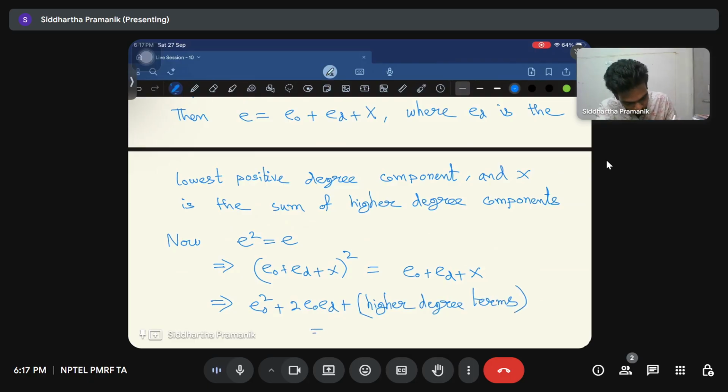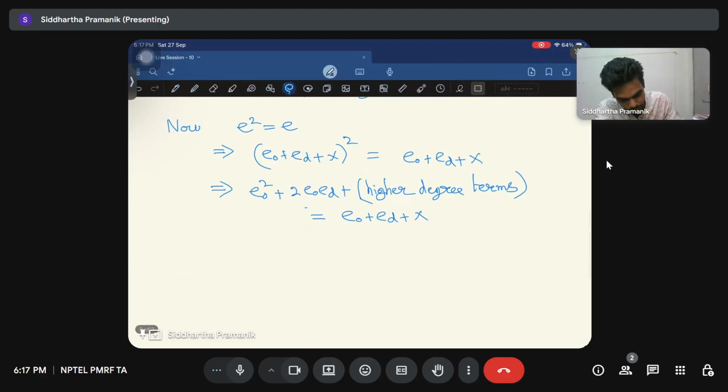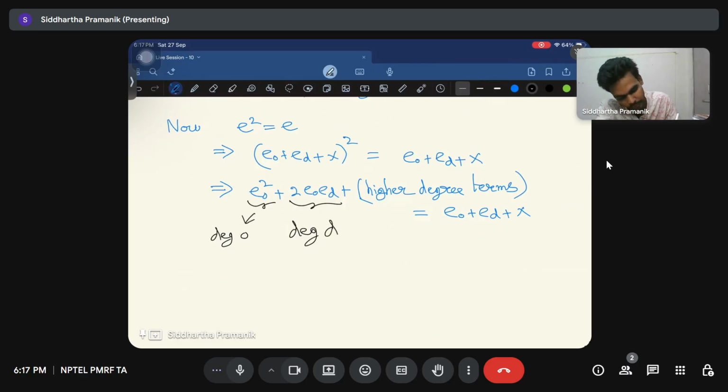This is equal to E0 plus ED plus X. So I will write this is the degree 0 term, and this has degree D, and these are higher degree terms.